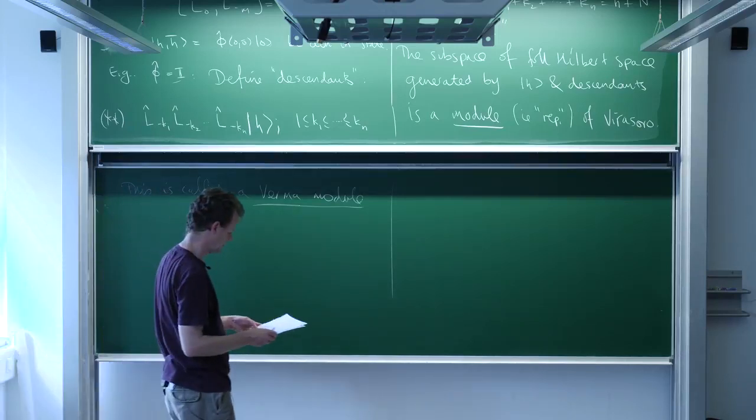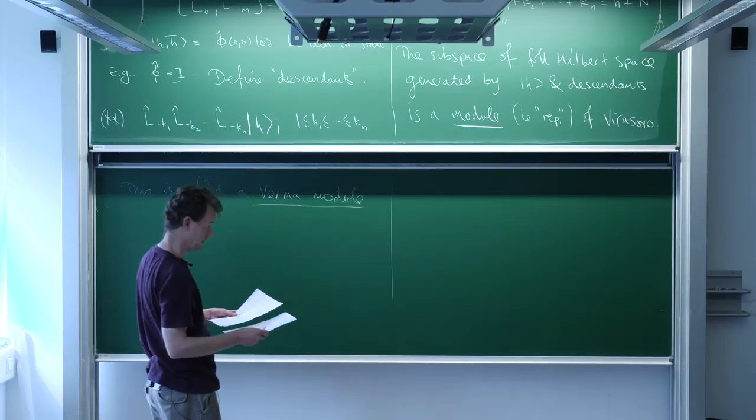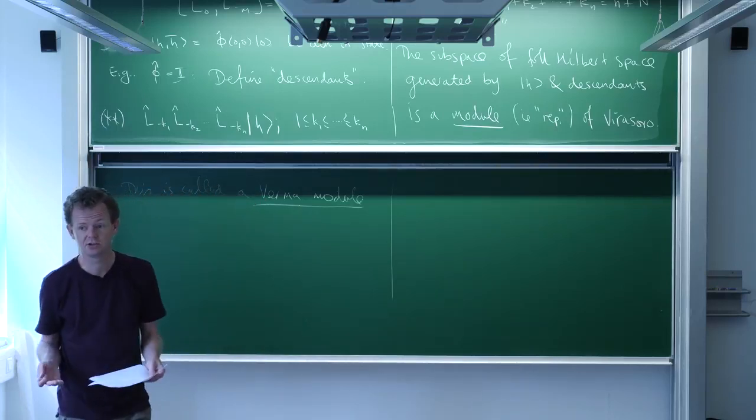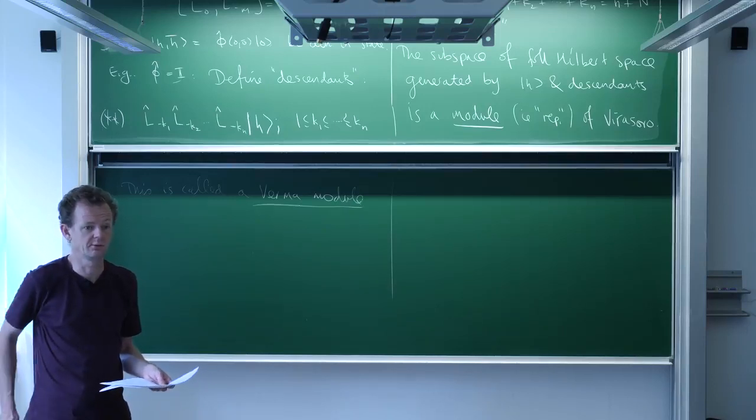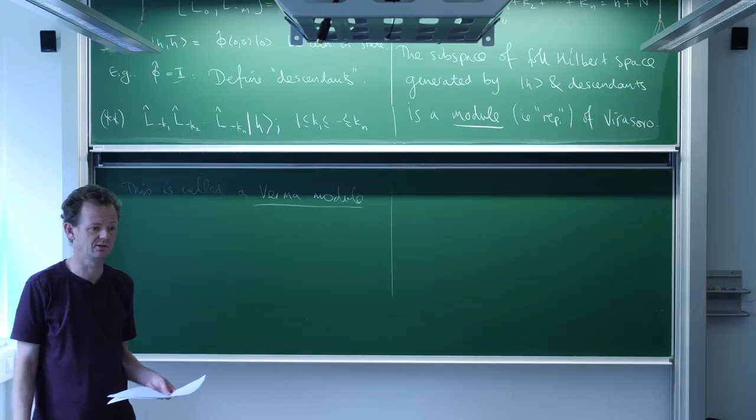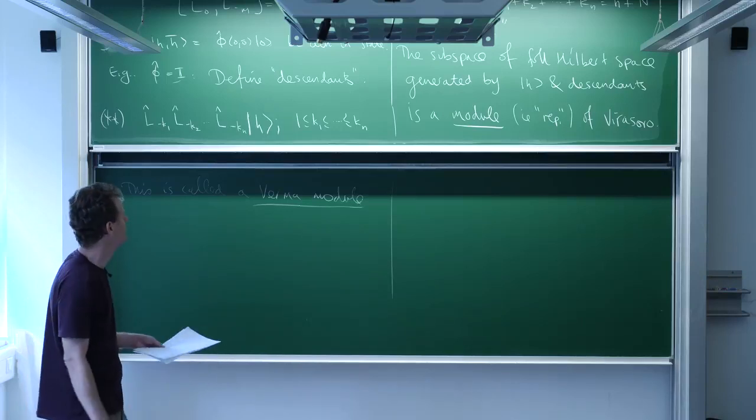Let's talk a little bit more about the interplay between h, the scaling dimension, and c, the central charge. It turns out we can derive very many interesting constraints on the value of h and c.